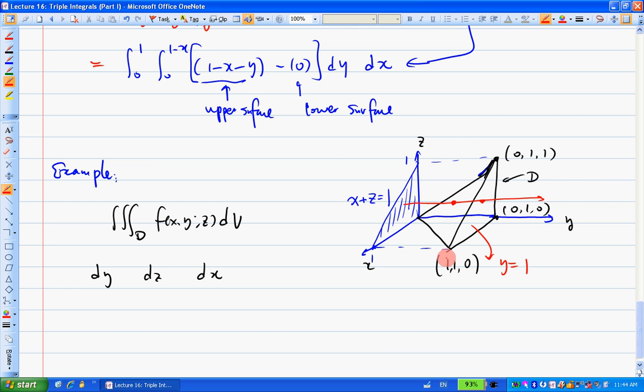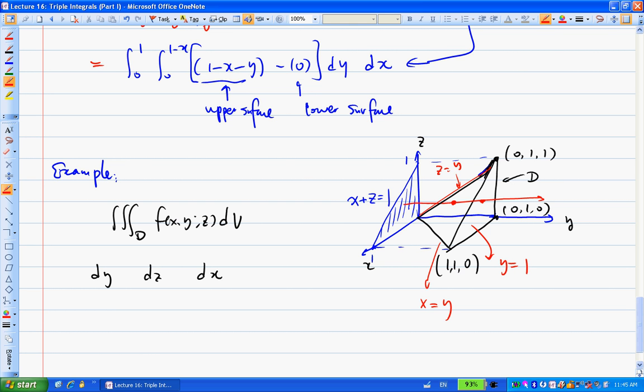Again, actually, it's not that bad. For this plane, draw the intersection of this plane with the xy plane and the zy plane. This is the intersection here, and this is the intersection here. This intersection right here is x equal to y, and this intersection here is z equal to y.